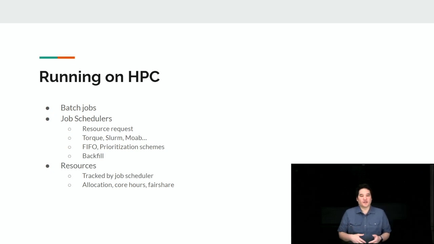And then resources are tracked by a job scheduler, and your allocation usually has some sort of reporting mechanism to it, some sort of you've used this many core hours, or you've used this much of your fair share, based on the resources that are available and how much you've been using. I'll probably talk about that in a further lesson.